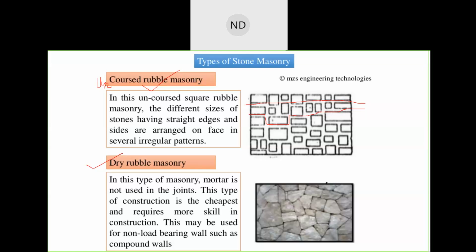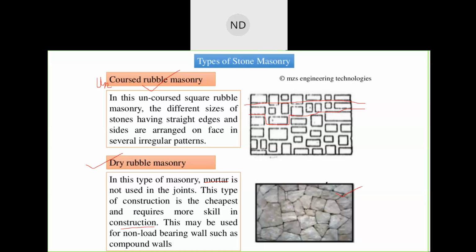They are just fixed together. When you hammer them together, they fix themselves, with the voids filled by other sized stones. That is why this type of masonry is also cheap, and it requires more skill in construction.